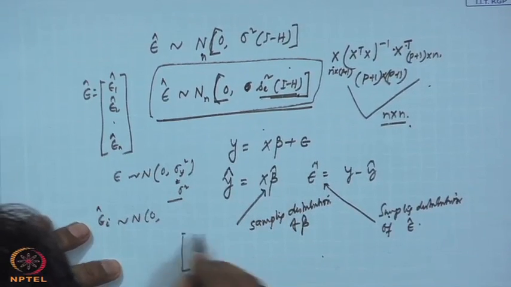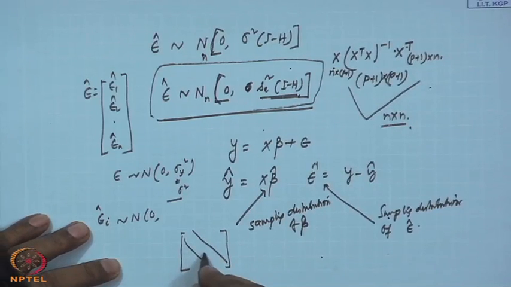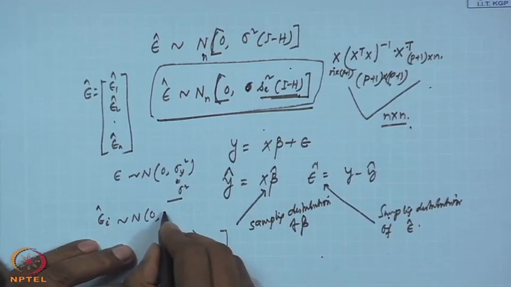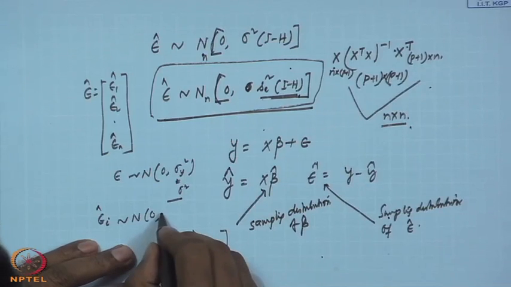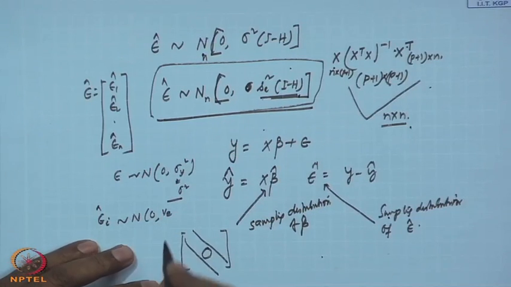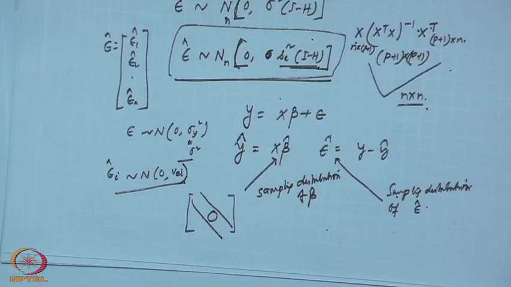So, the ith term, I can write the variance V(epsilon i cap), that is the term I am writing here.